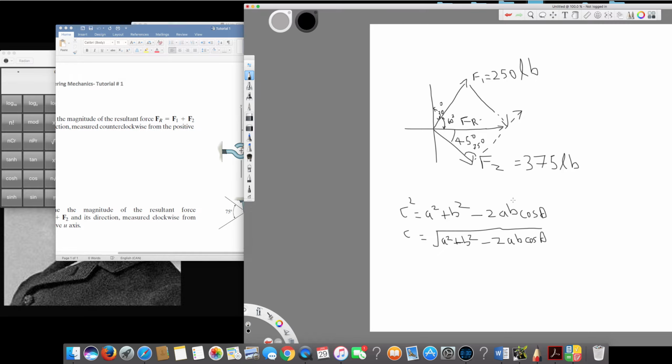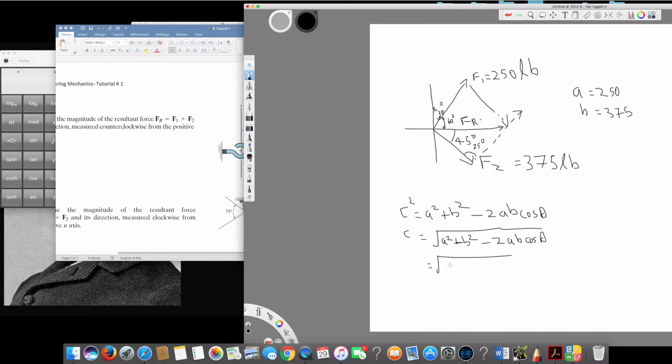Let's solve this. So let's say a is 250, and b is 375. So c is our FR. Actually we can put F1 square plus F2 square minus 2 F1 F2 cos theta, whatever way you want, you can put it like that.